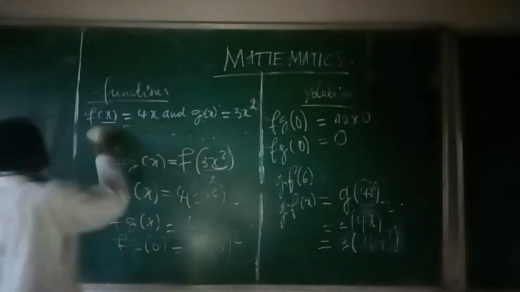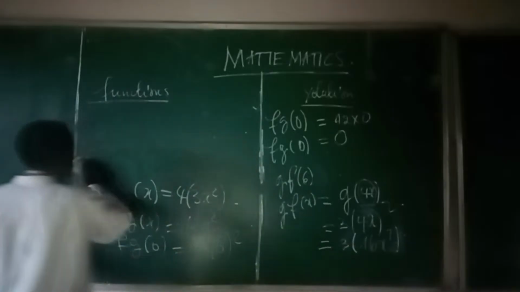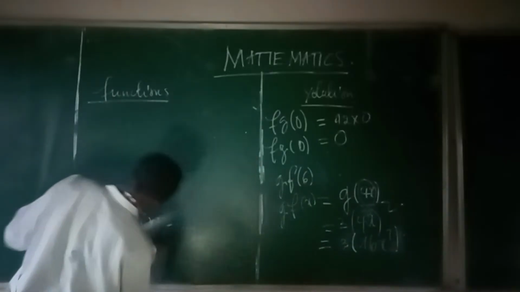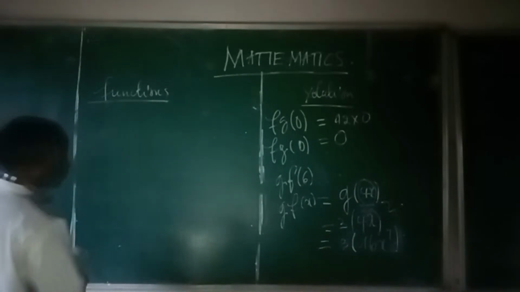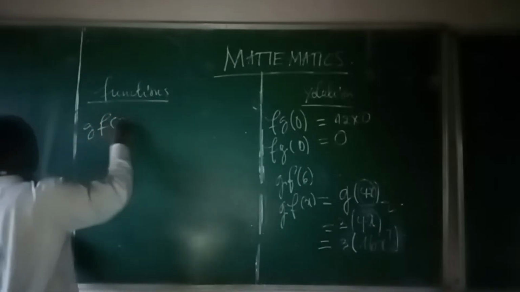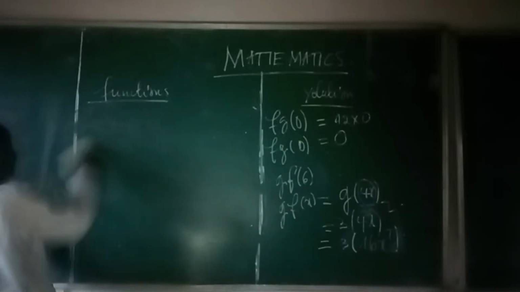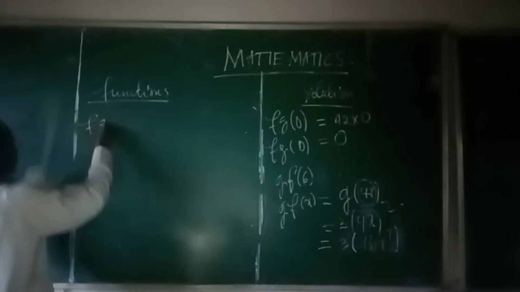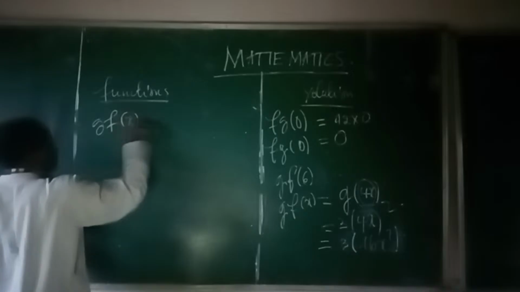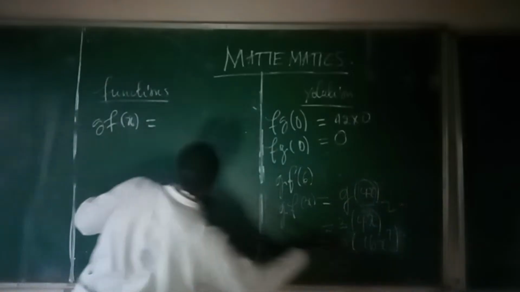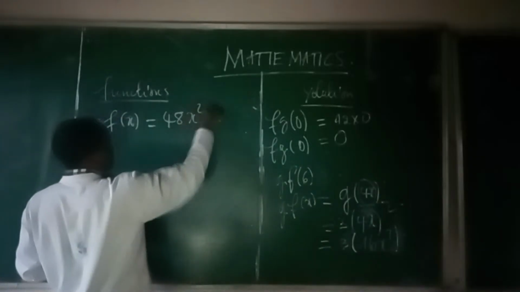Now finally, our question is g of f of 6. So g of f of x will be 3 times 16, which is equal to 48x squared.